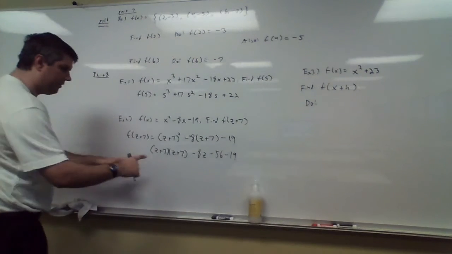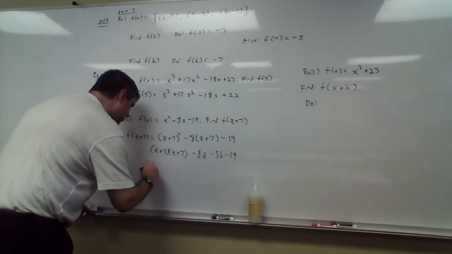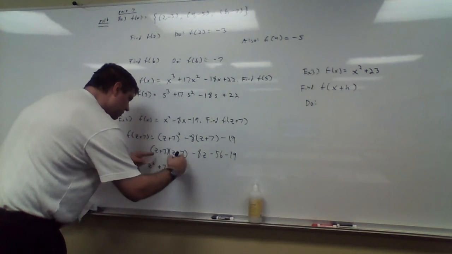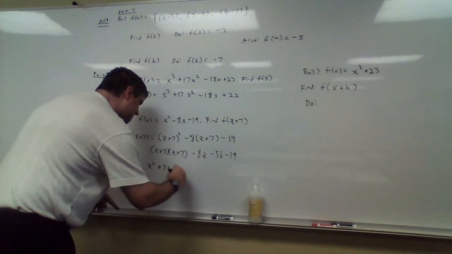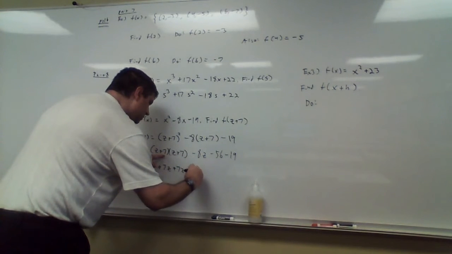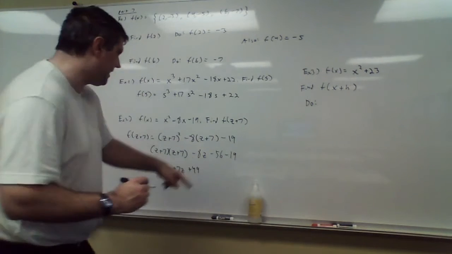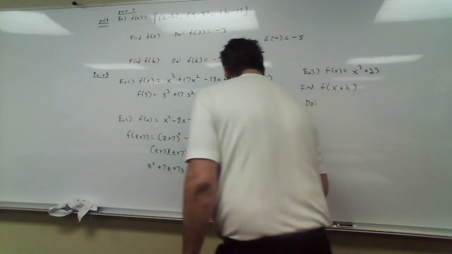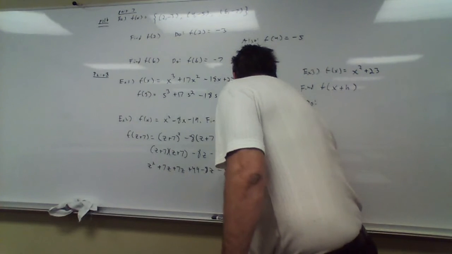I know the FOIL method. This is going to be z squared plus 7z plus another 7z plus 49 minus 8z, and these two combine into minus 75.